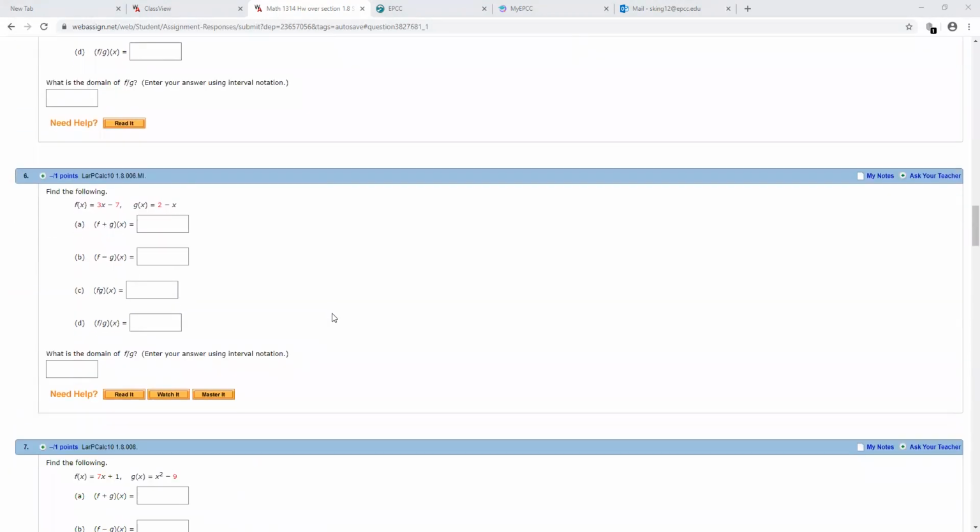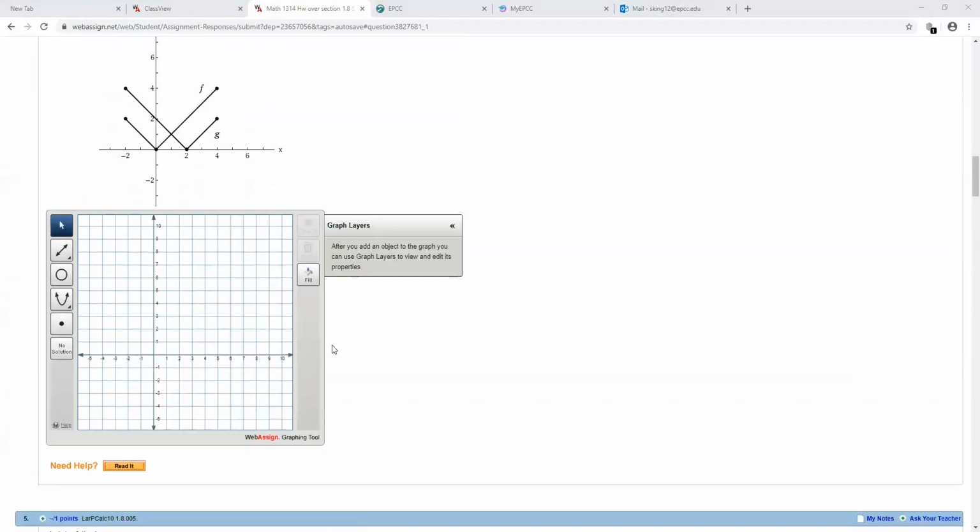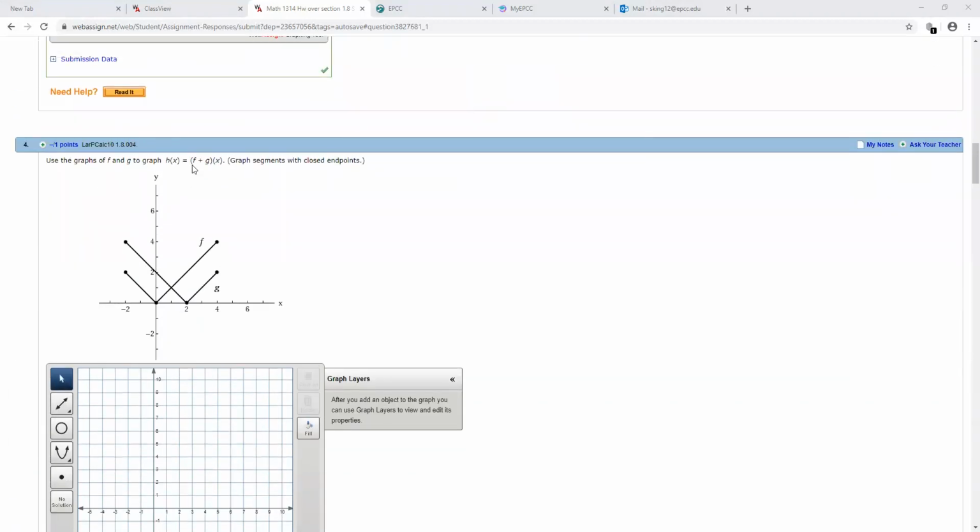And as I mentioned, on these two, they didn't give us the formula for f. They didn't say f of x equals 3x minus 1 or something, and they didn't say g of x is x squared or something. They just gave us the graphs.